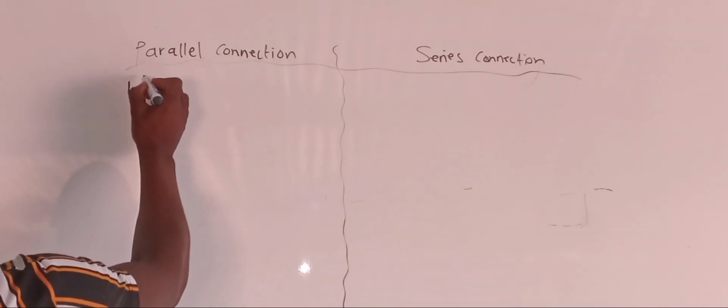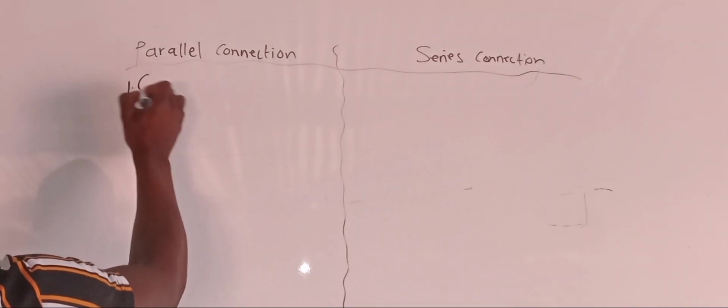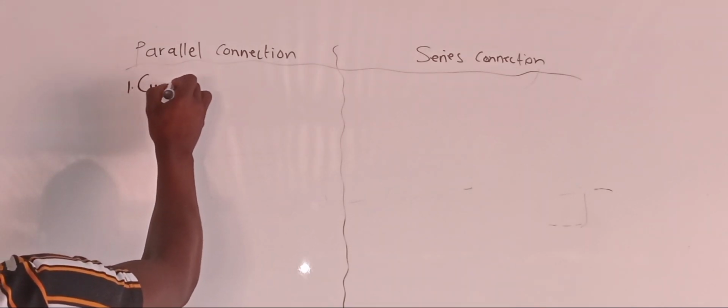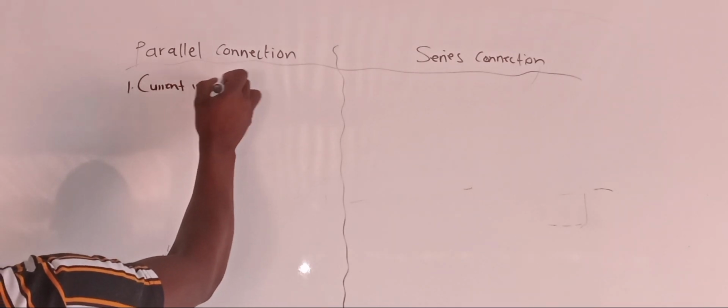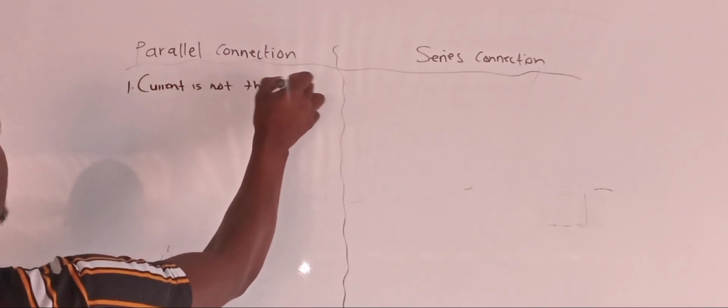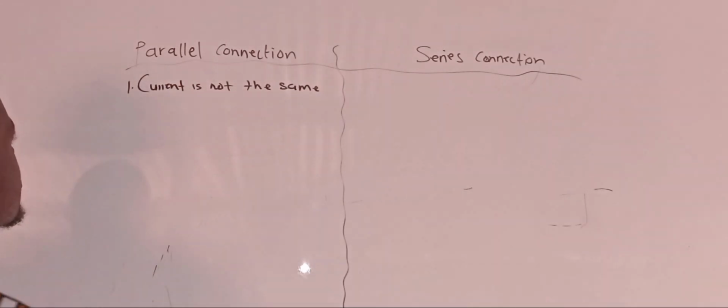So in a parallel connection alone, current is not the same. Make sure that you focus here. This is the important thing that you must know before you can do the calculations. Current is not the same, meaning in a parallel connection, the connection divides the current.